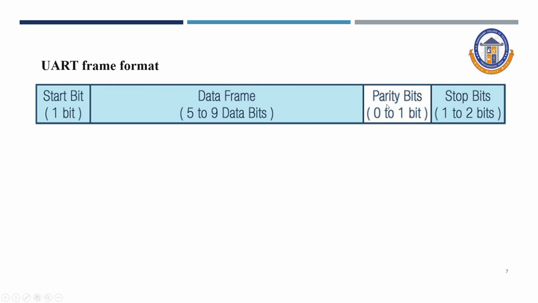After the start bit and the data, there are 1 or 2 stop bits to signal the end of the data packet.